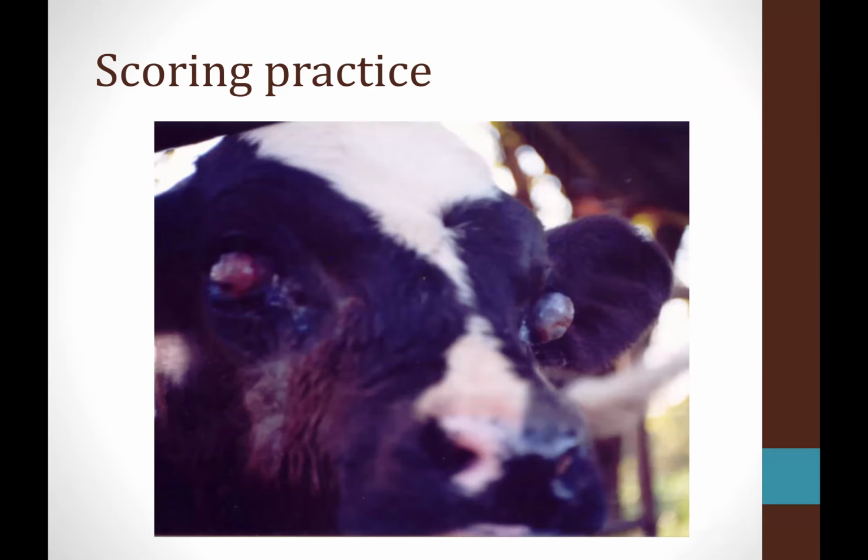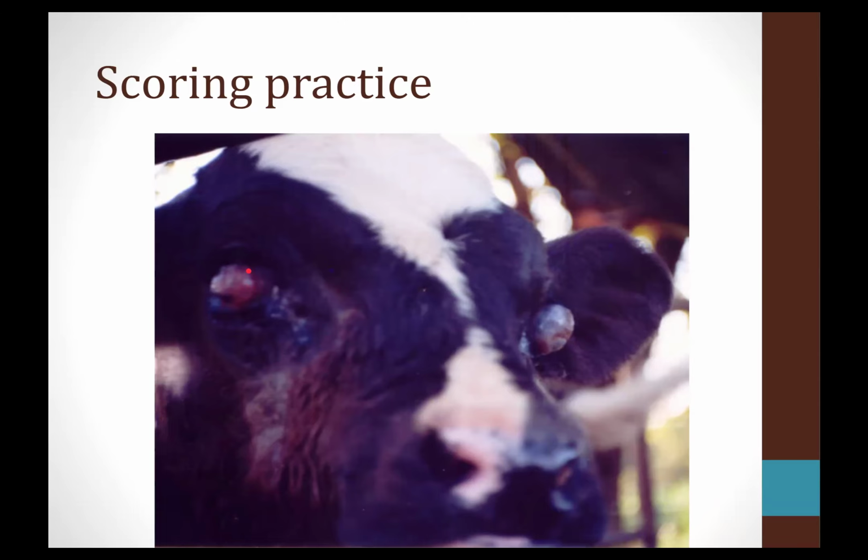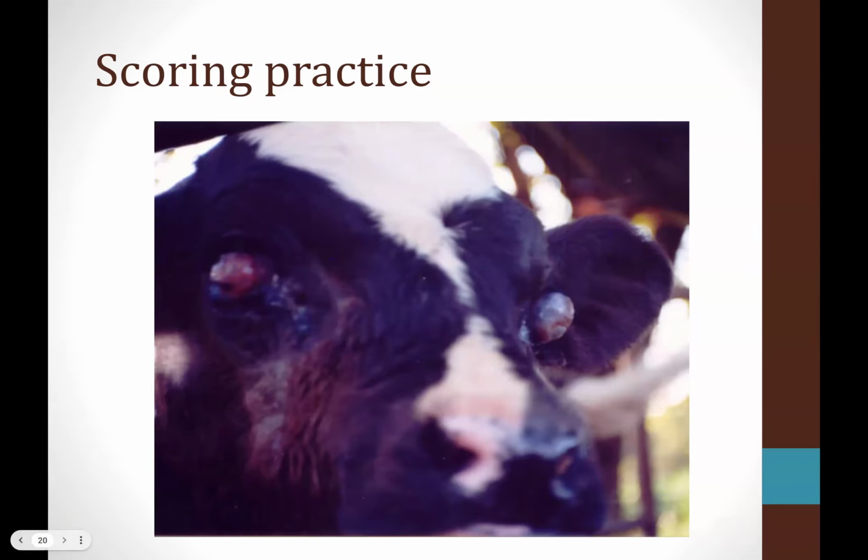Stage 1, 2, 3, 4. Okay. So stage 4 because the entire eye is affected. So there's panophthalmitis, probably blindness already, in this case. No? Okay. So that's Moraxella bovis, or infectious bovine keratoconjunctivitis. Okay. Any questions with this topic?